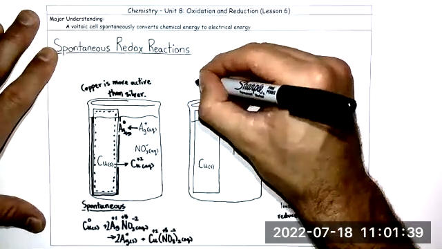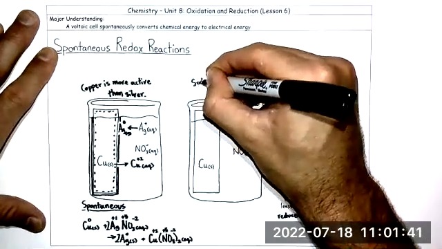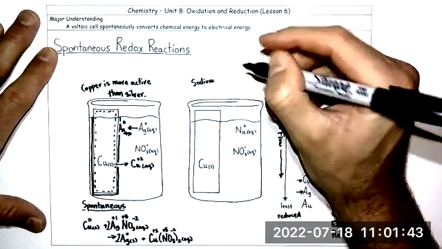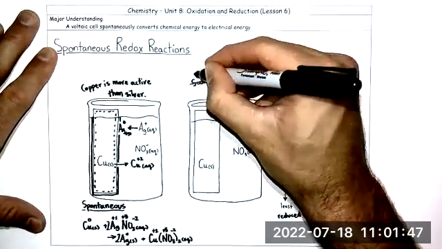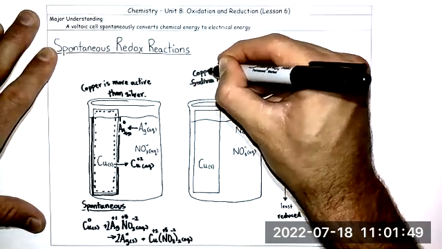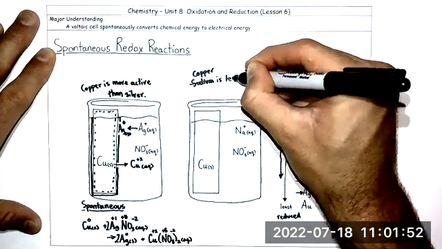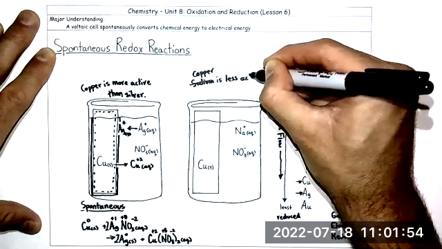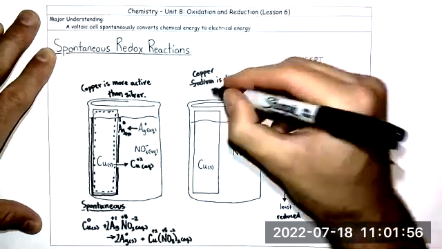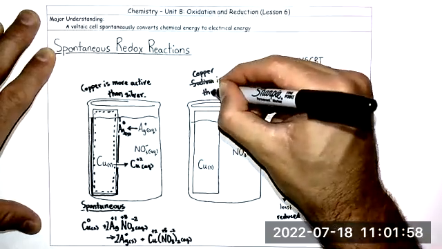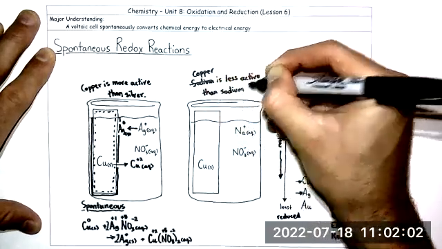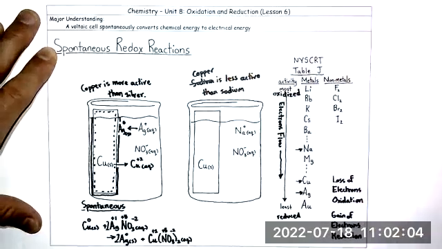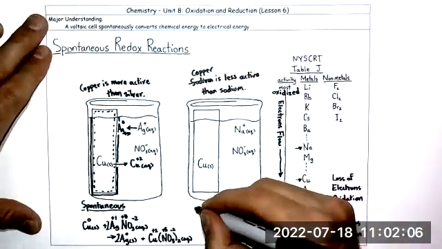Okay, and so here copper is less active than sodium. Okay, and so because of that, this would be a non-spontaneous reaction.